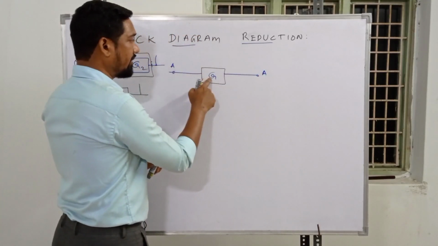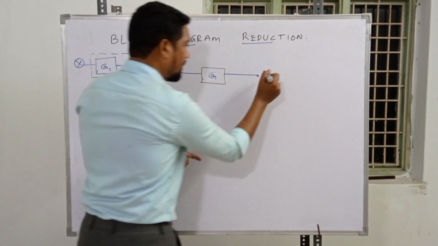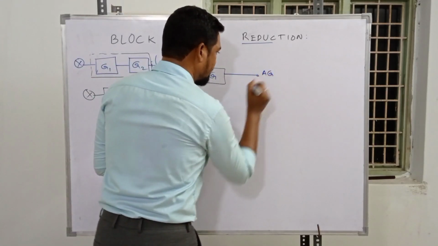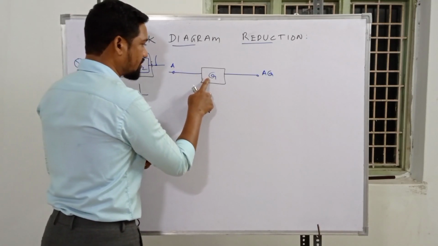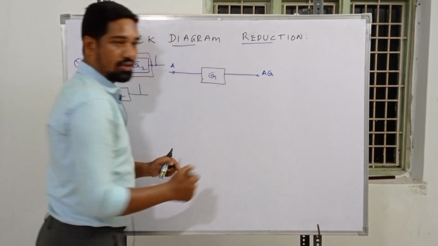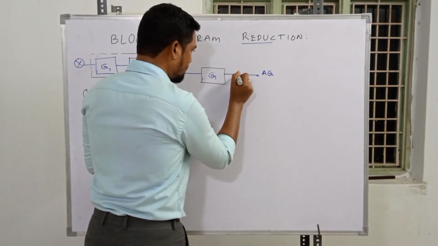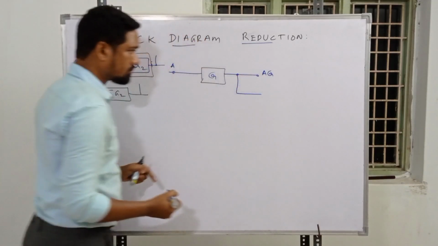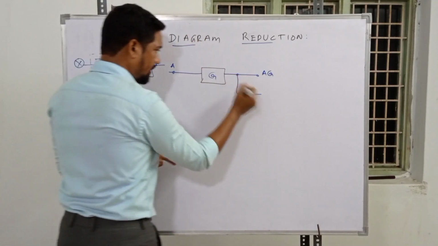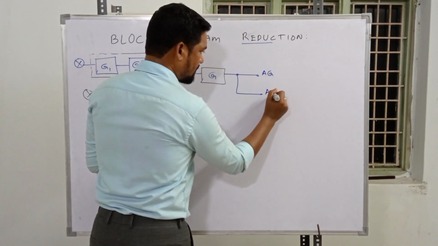This signal is multiplied by the transmittance, A into G, and the output will be AG. Okay guys, what will be the signal from this point if we take a wire connection like this one? It's an extension, right? Again, it's AG, no change in that.